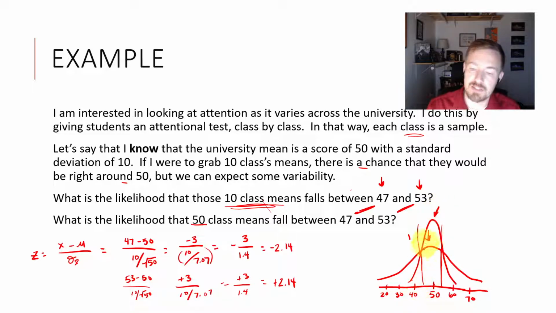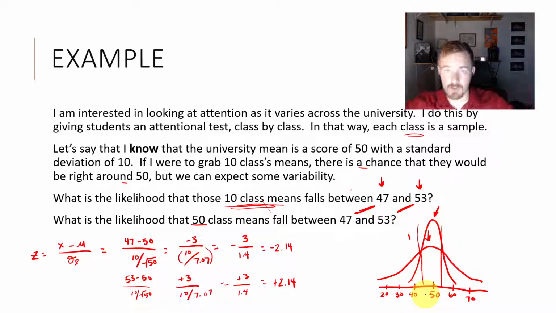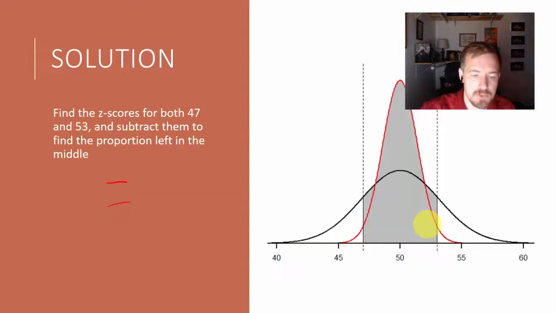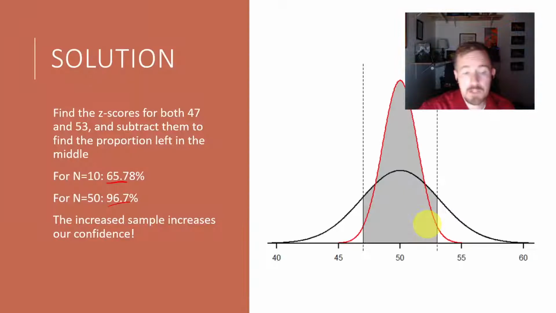So these z-scores of 47 and 53 are now further away from the mean because there's less variability when we have 50 samples. In other words, increasing the sample size increases our confidence as well. So we just proved the law of large numbers, and we proved the central limit theorem.